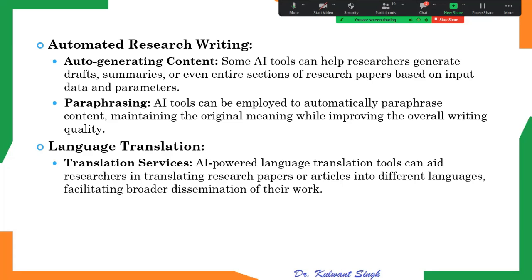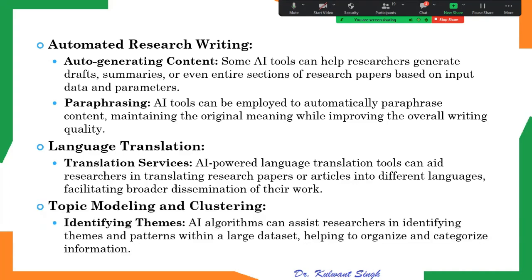And sometimes, suppose a scholar is not perfect in the professional language, most probably English, and is perfect in the local language, then he or she can use these tools to convert any research paper into their local language, and then they can read and understand that message very easily.